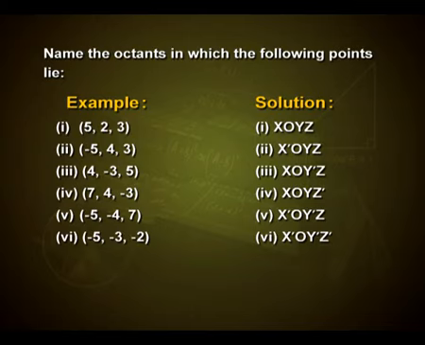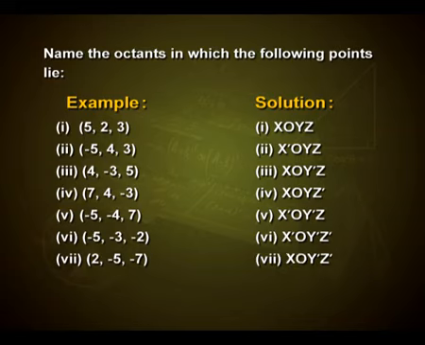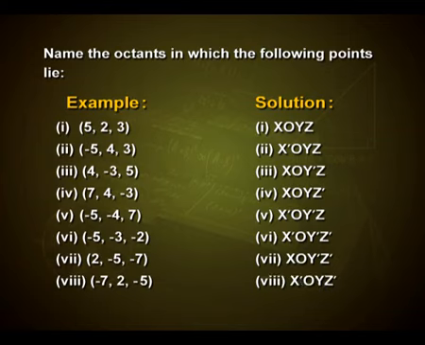Similarly, the point (2, -5, -7) will lie in the octant XOY'Z', and the point (-7, 2, -5) will lie in the octant X'OYZ'. One more example we will look into.